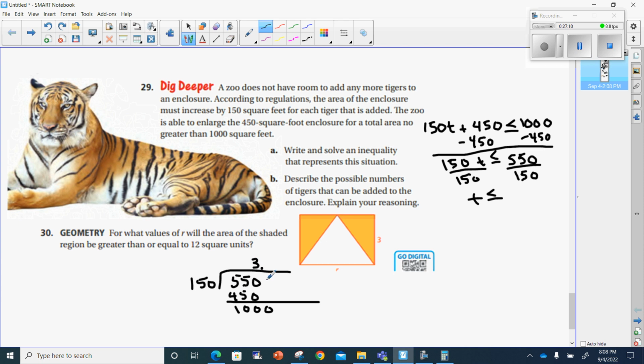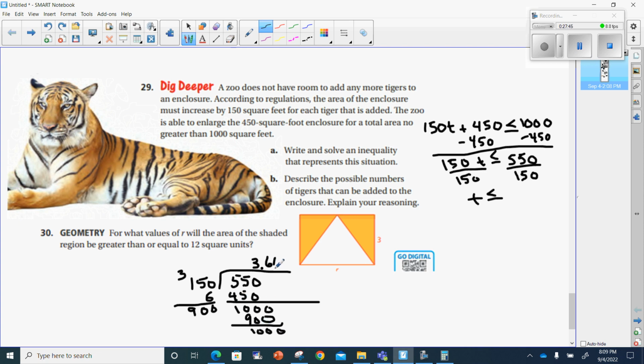Let's see. How many times does 150 go into 1,000? I'm going to go with maybe 6. 0 times 6 is 0. 5 times 6 is 30. And that's going to give me a 9, right? Yep, 900. Can't do any more than 6. And then look, I've got 100 left over again. So I'm in the same boat that I was here.